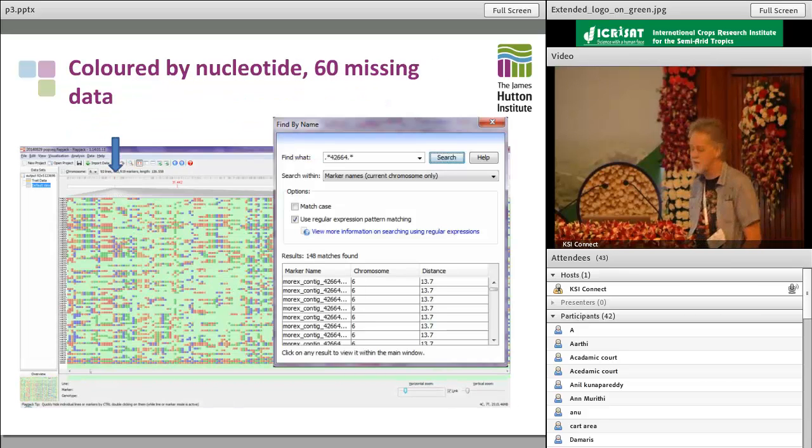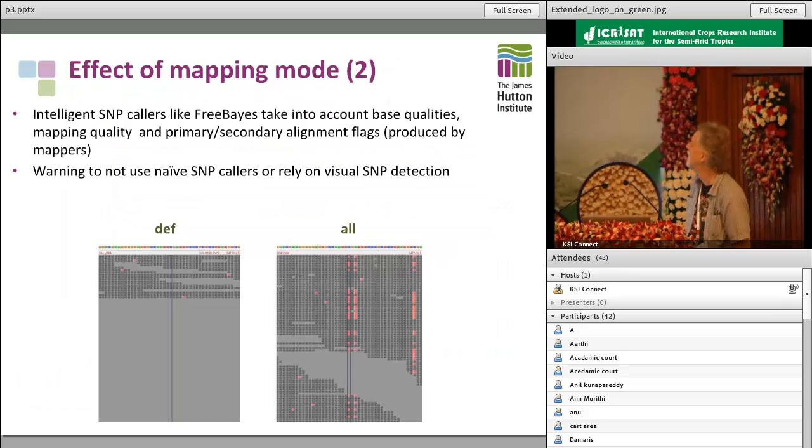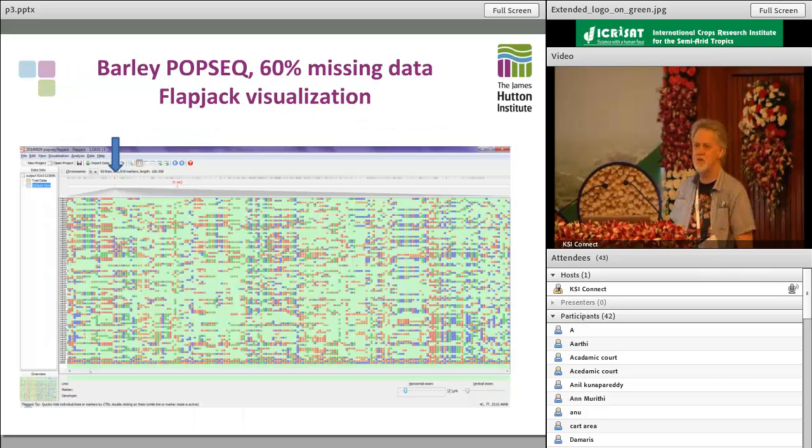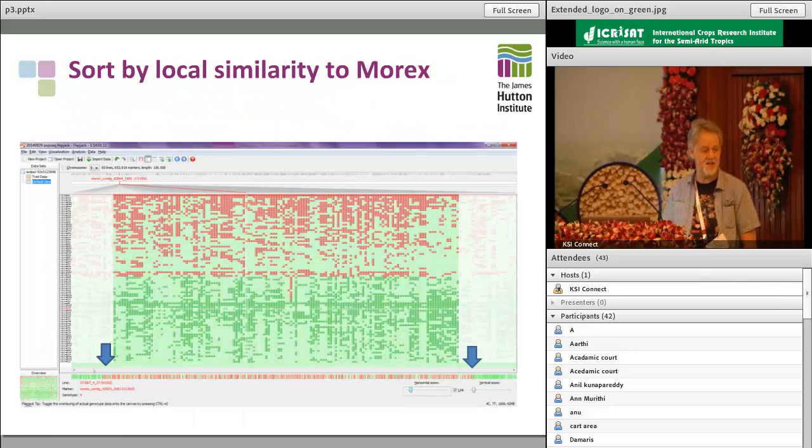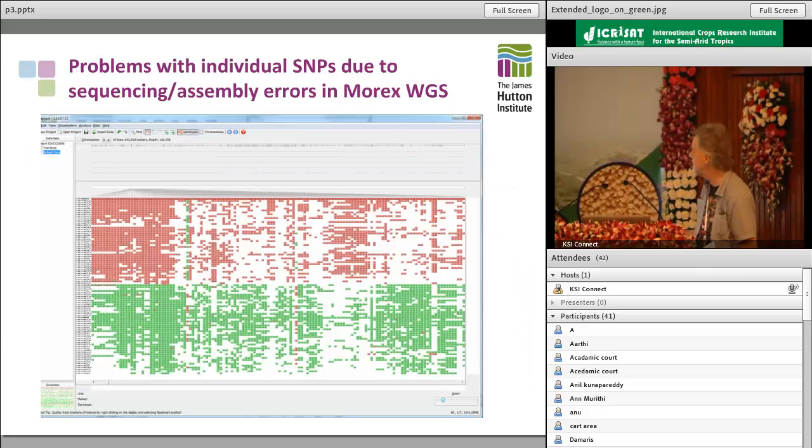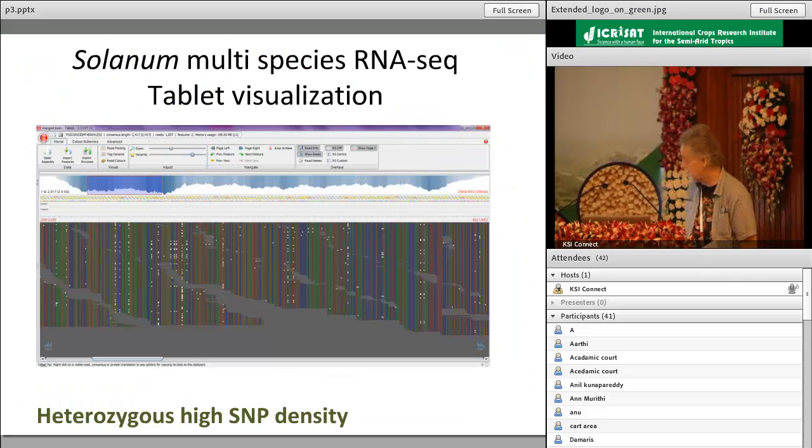But one of the issues you face in terms of mapping is what you do with really high density data sets. This is a data set of Solanum, with a number of different species related to potato.